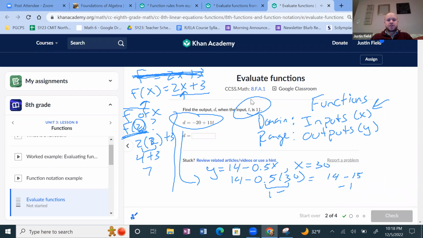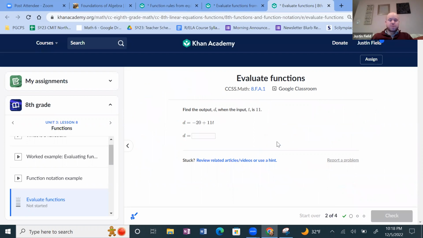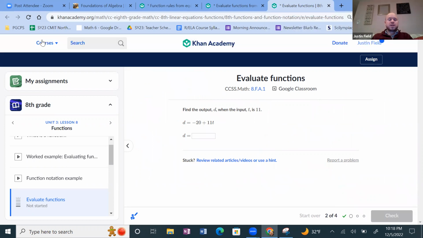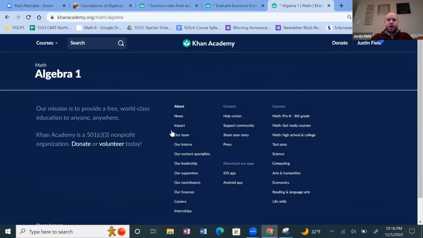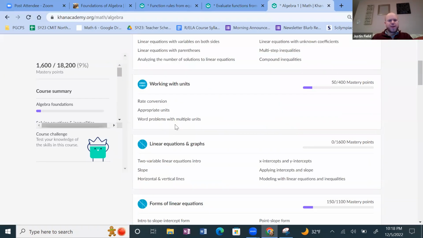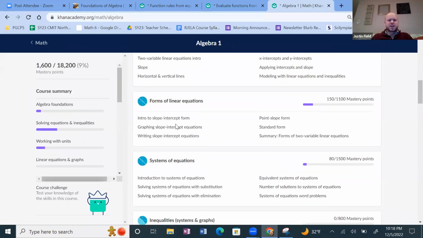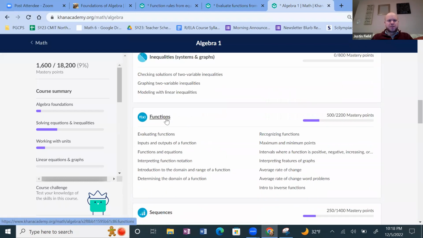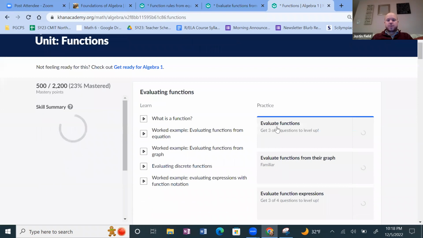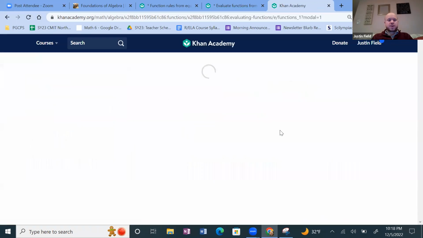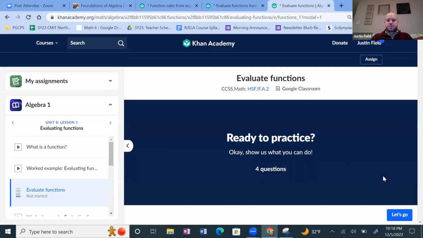Next question. I think this one's going to be pretty simple for you. Evaluate functions. But if you want to see the algebra way, like Mr. Fields, show me more of that function notation from algebra, then you can go to Algebra evaluating functions.